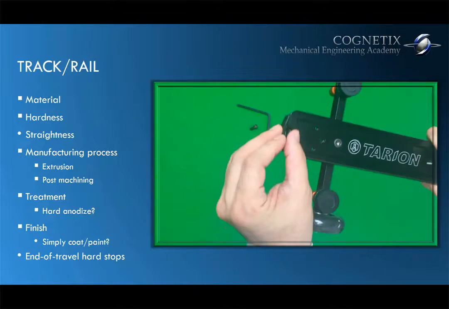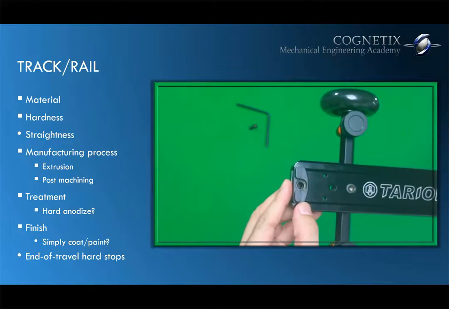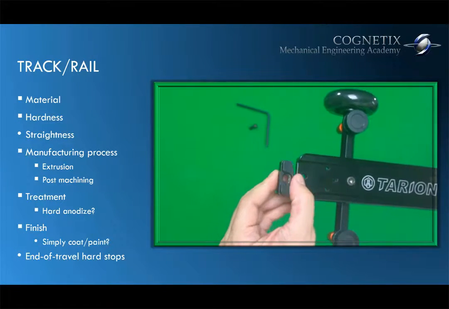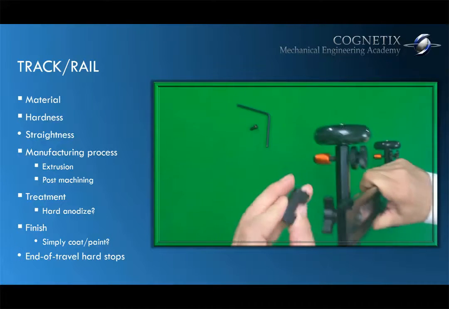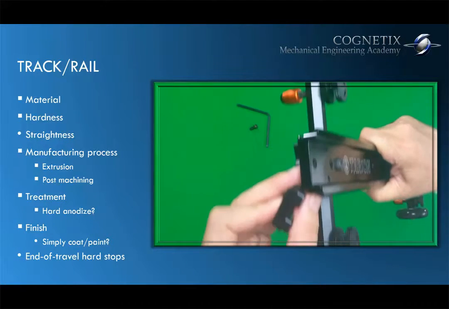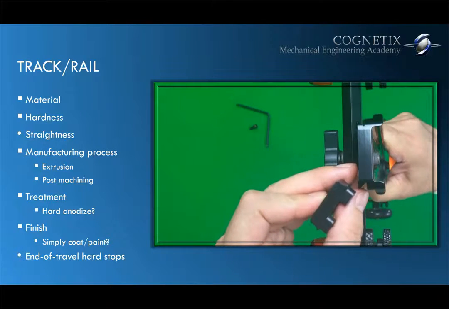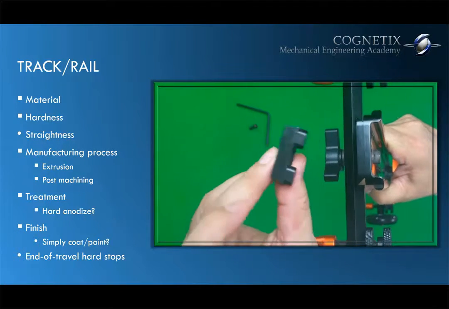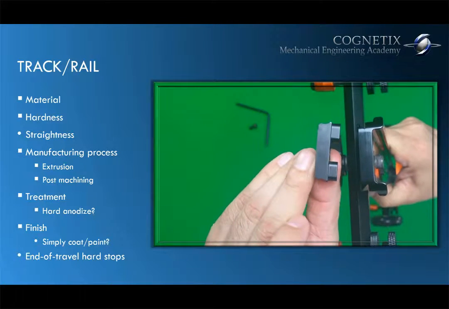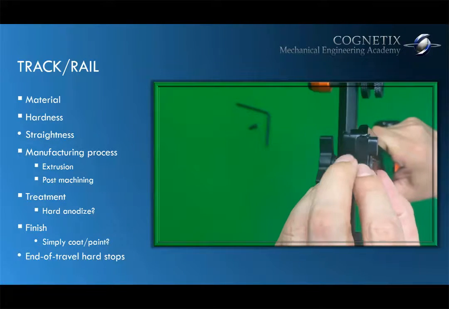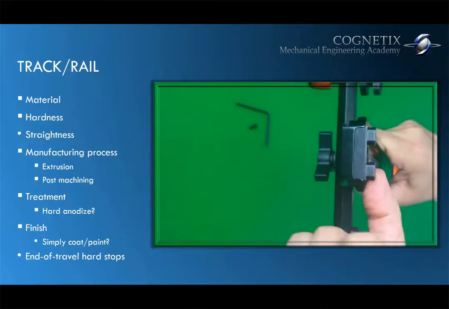The hard stop was originally installed like this. I slide it off to the side, and you can see the end profile geometry of this extrusion. And you can see that this hard stop matches that profile, like this.